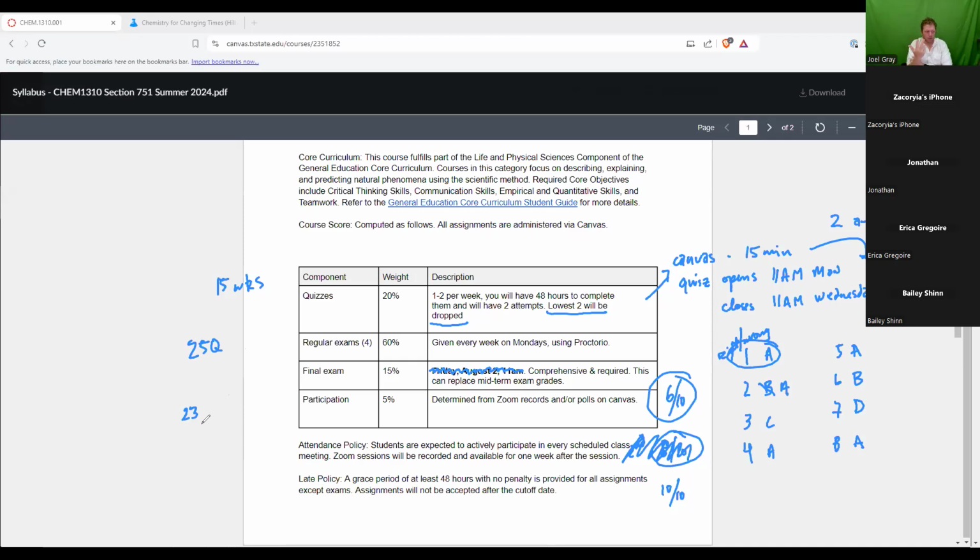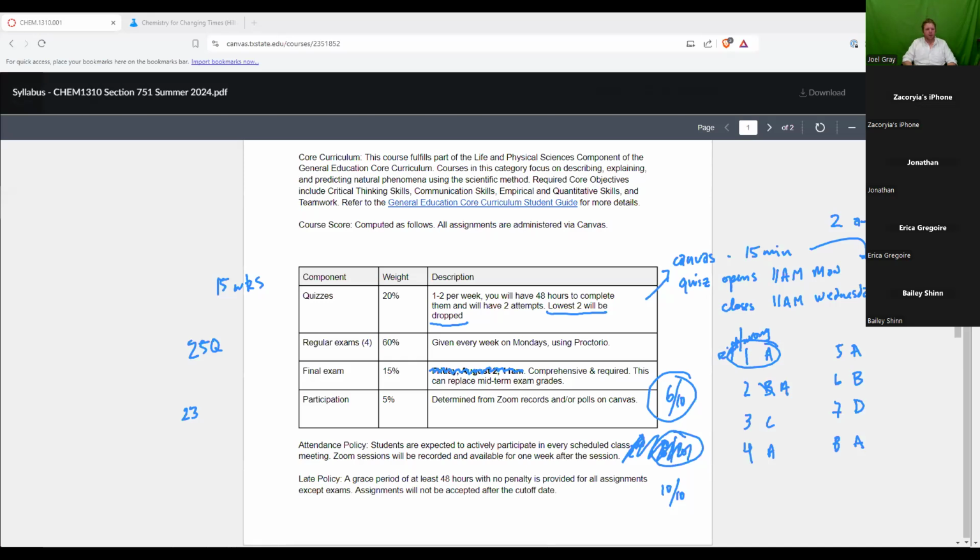Now, with that said, when you look at this breakdown for our class, we've got quizzes, exams, final exam, and participation. One thing that's not on there, does anyone have any thoughts of what they would see in most of their classes that's not on there? Would it be extra credit?